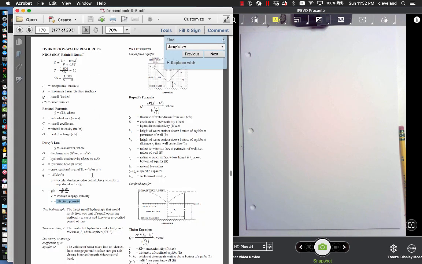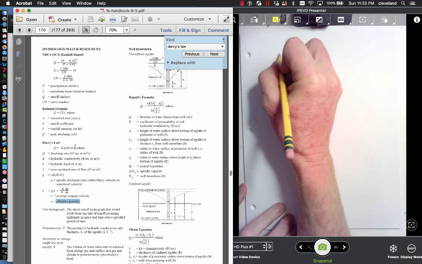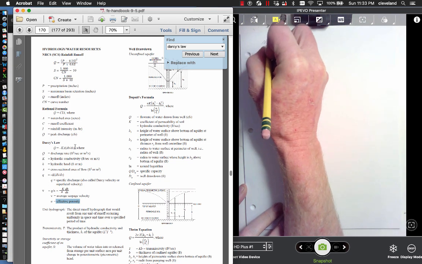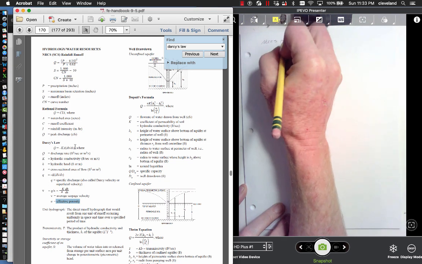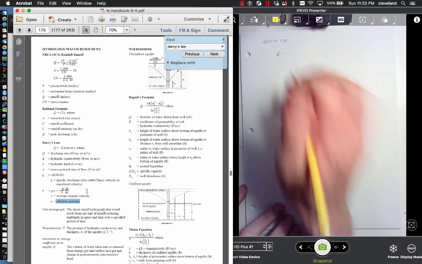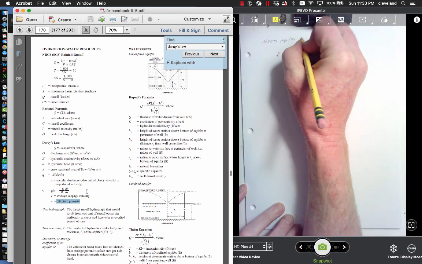So here we're going to write Darcy's law actually in this fashion. Q equals, we are on NCEES page, pretty sure this is 171. It is 171 civil engineering.